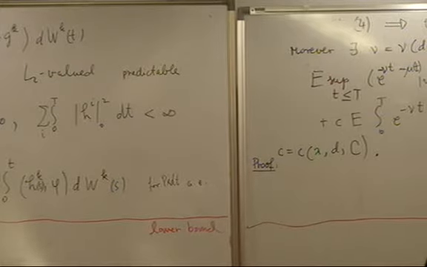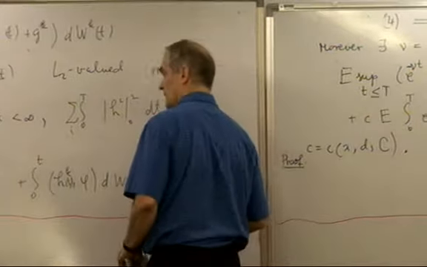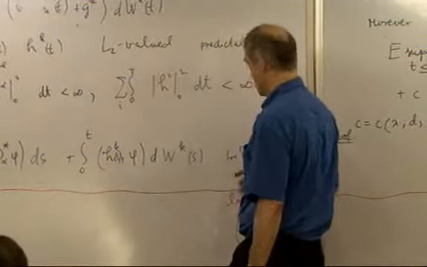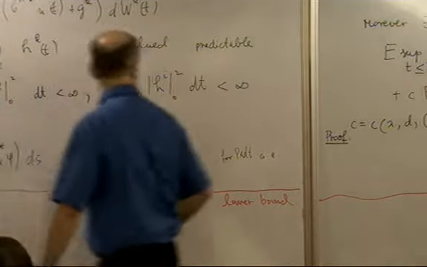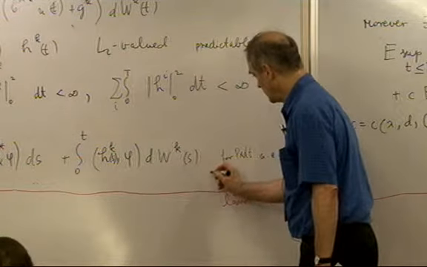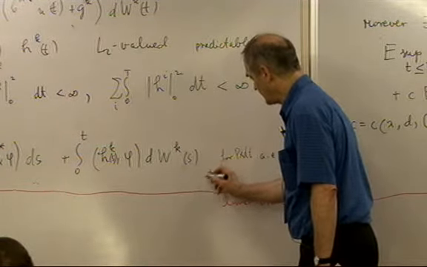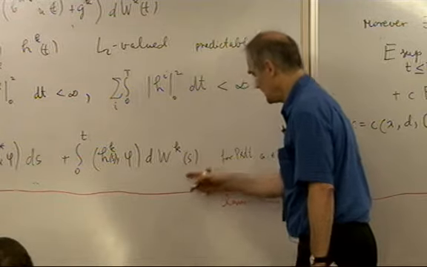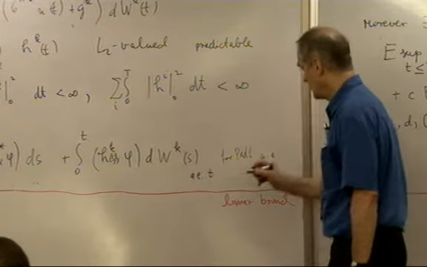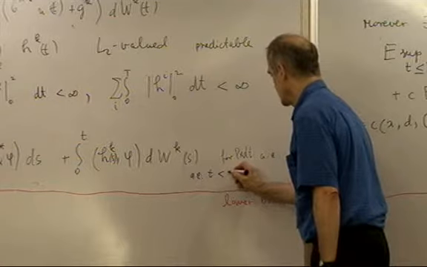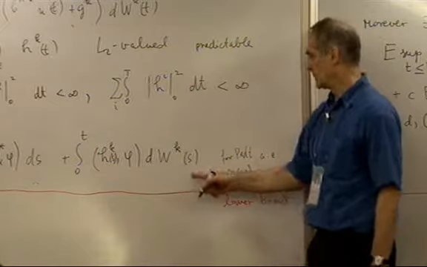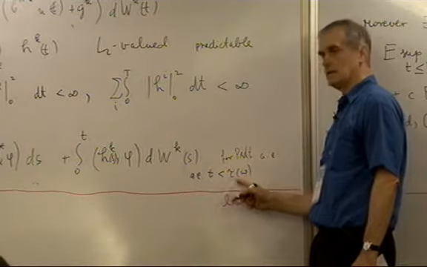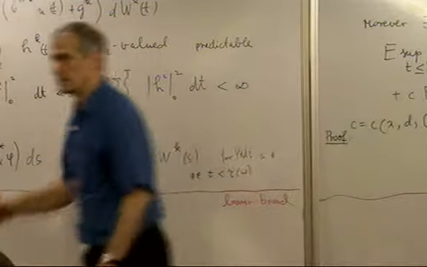More precisely, almost surely this holds for almost every t with respect to the dt measure, which is less than tau of omega. So for almost every omega, for almost every t less than tau, one has this satisfied for each phi.